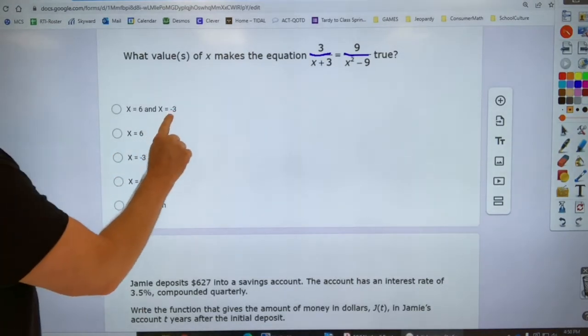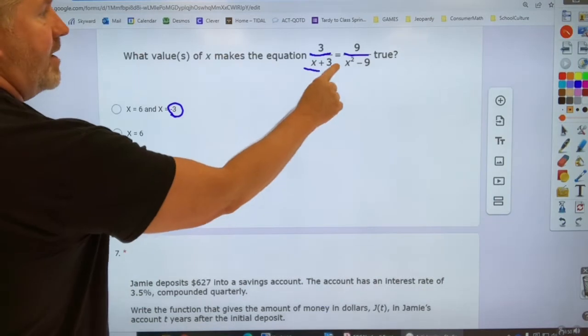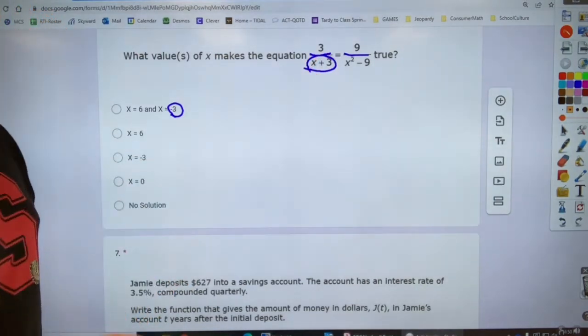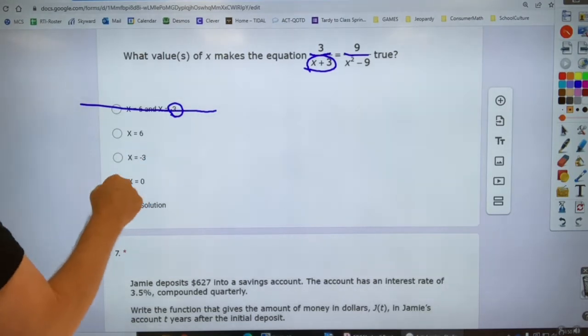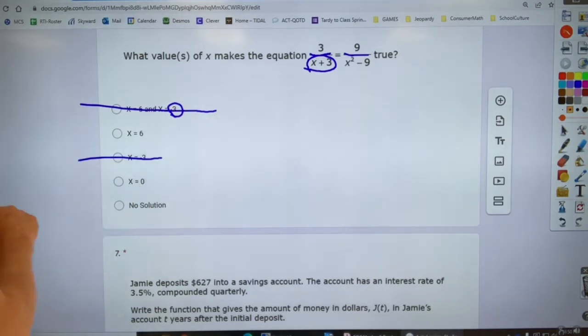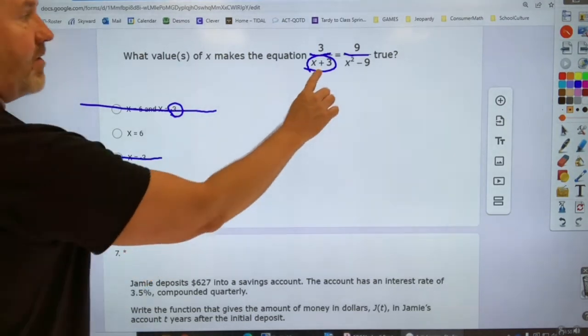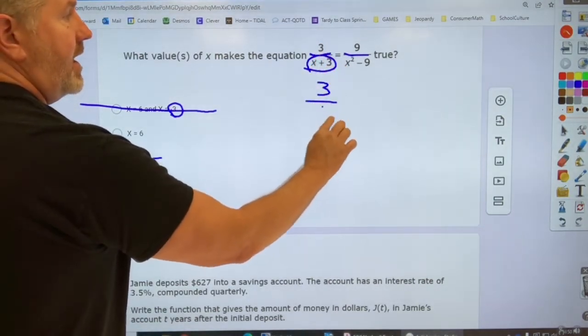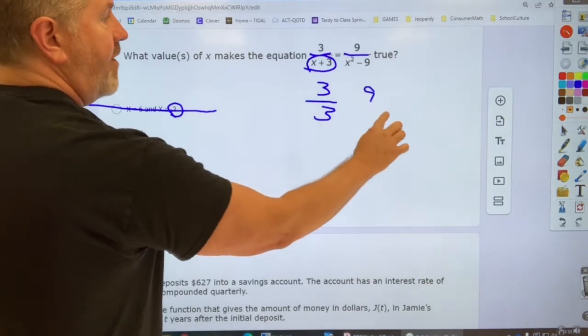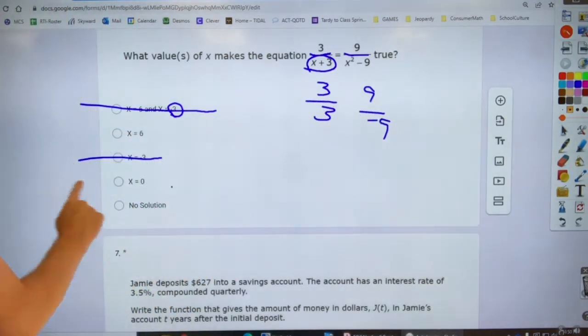Now, -3 immediately makes that a 0 on the bottom of that fraction. So x cannot be -3, and x cannot be -3. Maybe x could be 0. Let's plug it in here. If x was 0 there, we'd have 3 over 3. And if x was 0 here, we'd have 9 over -9. That doesn't work either.